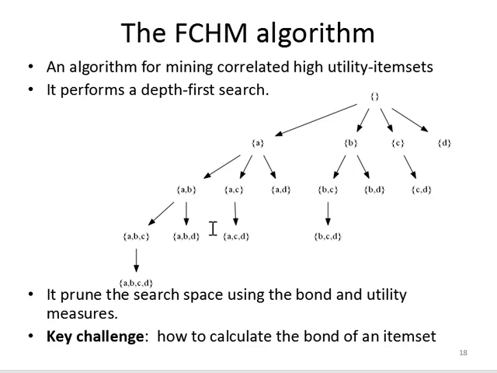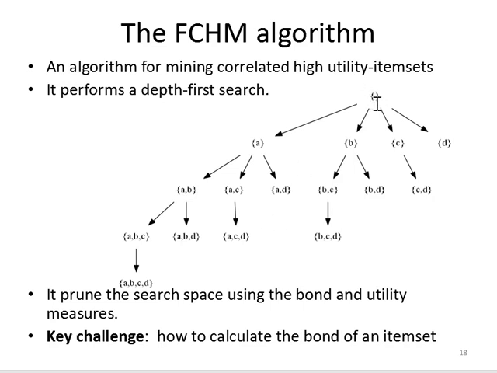Okay. So the FCHM algorithm is an algorithm to find correlated high utility itemsets. It performs a depth first search. Here you see the picture. We have a kind of tree. This is the search space, all the possible itemsets with A, B, C, D for my example.